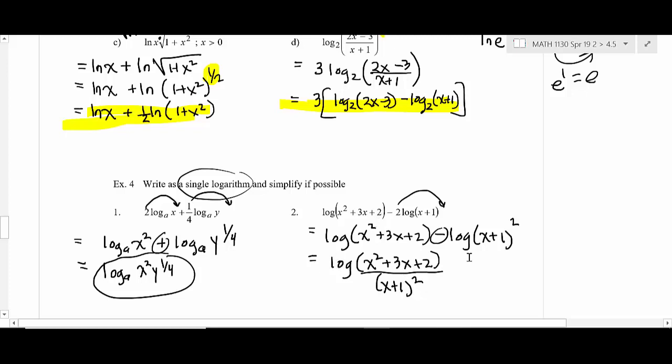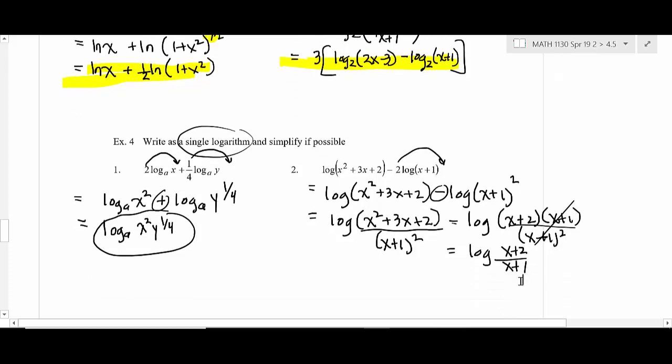Now I think you could factor that, and maybe one of them cancels out. The numerator factors as (x plus 2)(x plus 1). So you could remove one of those factors and end up with just log of (x plus 2) over (x plus 1). That would be the idea there.